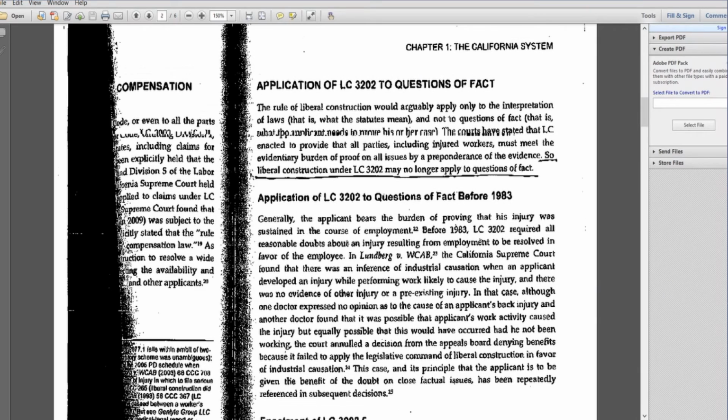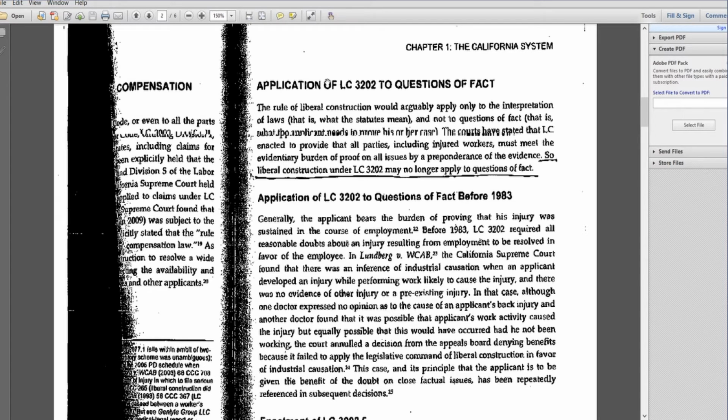Okay, so let's talk about the application of Labor Code 3202 to questions of fact. He states here that the rule of liberal construction would arguably apply only to the interpretation of laws, that is, what the statutes mean, and not to questions of fact, that is, what the applicant needs to do in order to prove his or her case.